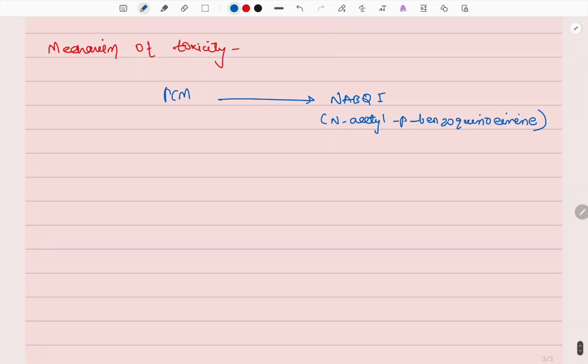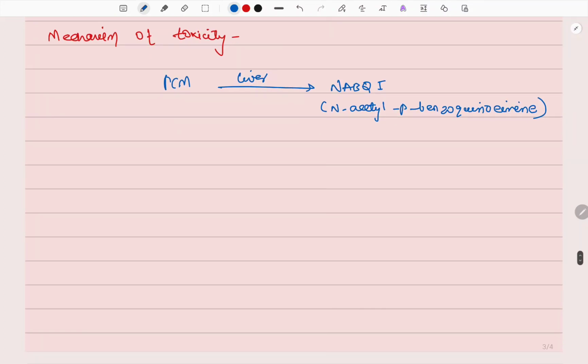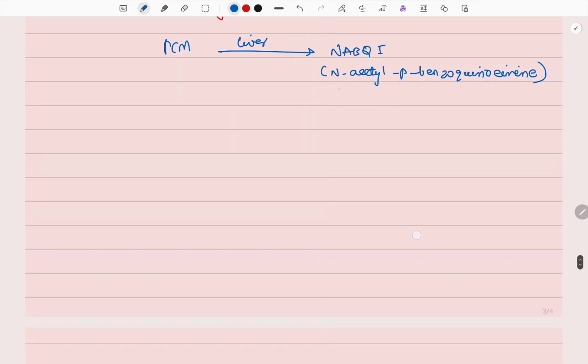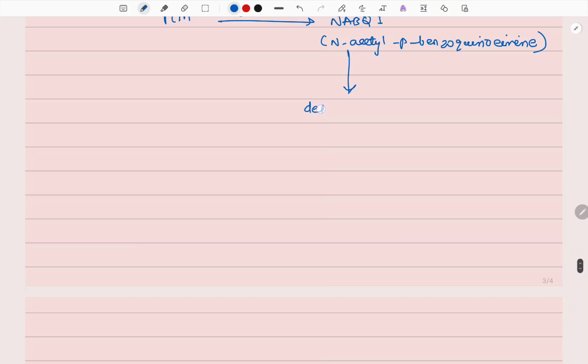This is done in the liver, and this is the harmful product. It is detoxified by conjugation with glutathione.